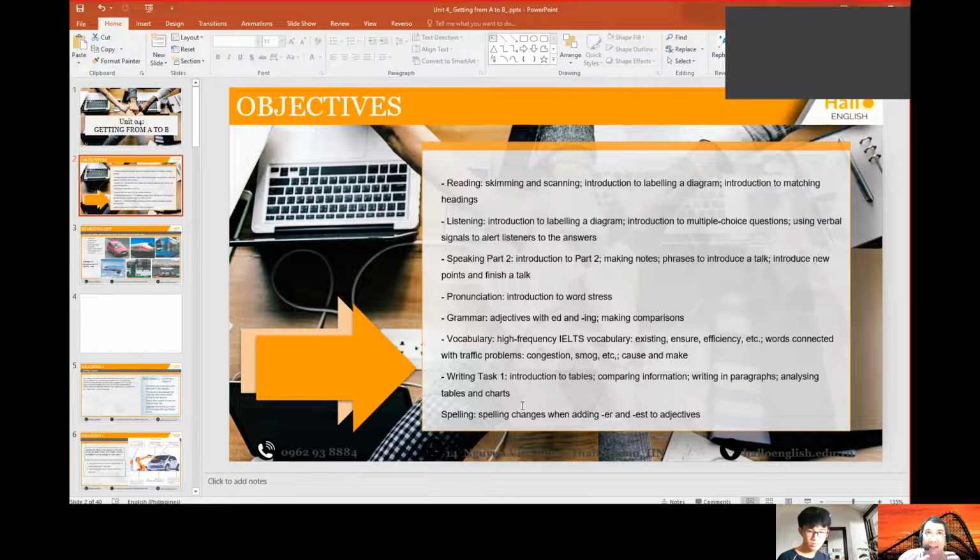Of course, it's additional information because we already studied interpreting graphs, tables and charts, right? But this one is a deeper understanding of how we are going to analyze tables and charts. And for the spelling, we're going to study the spelling changes when adding -er and -est to adjectives.